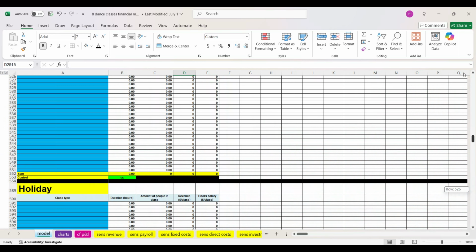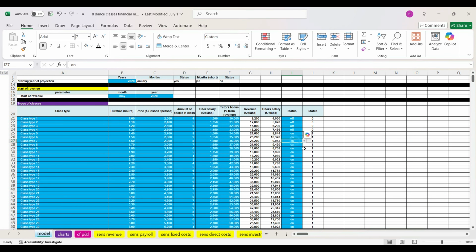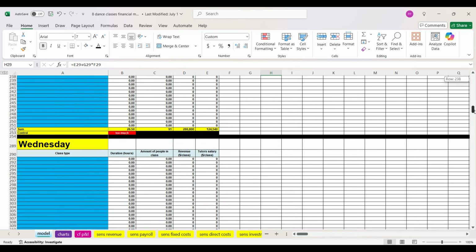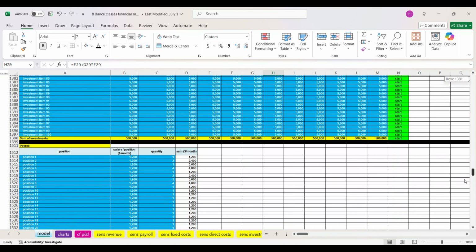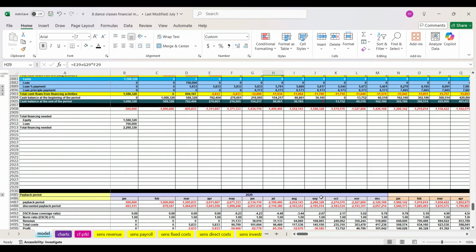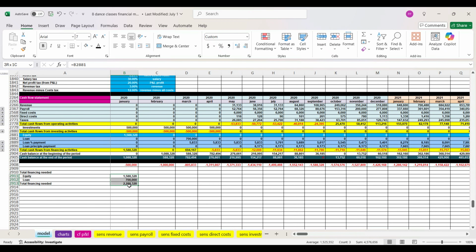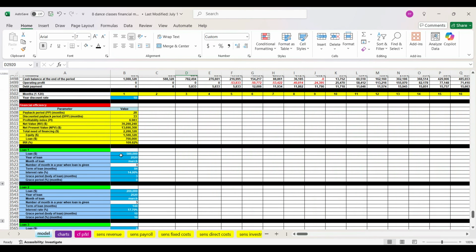Then, for example, we can switch some products on. We can go back to the cash flow and see how these values change. So we can very quickly create a huge amount of scenarios and see how much financing you will need in this scenario, that scenario. For example, you can decrease the amount of loan.